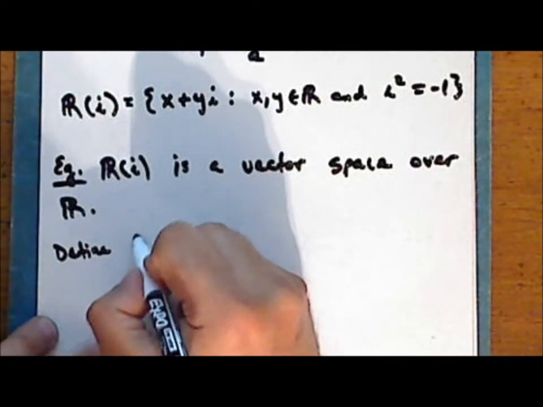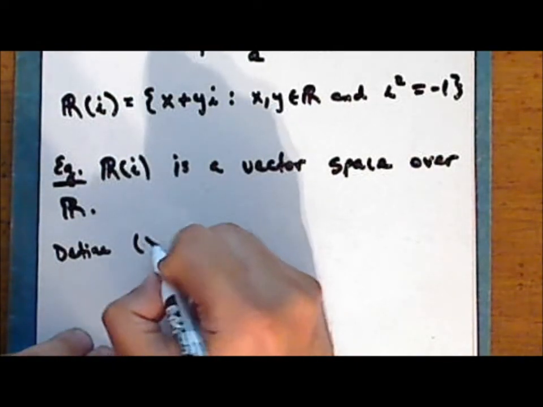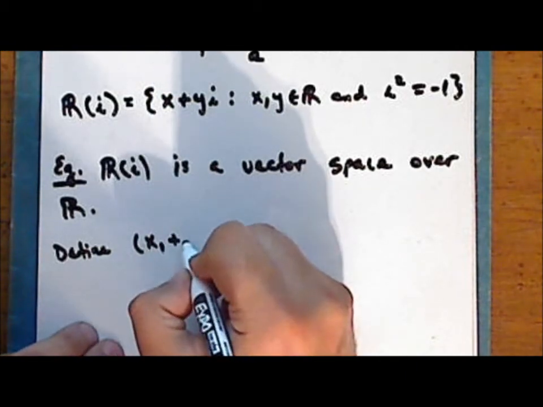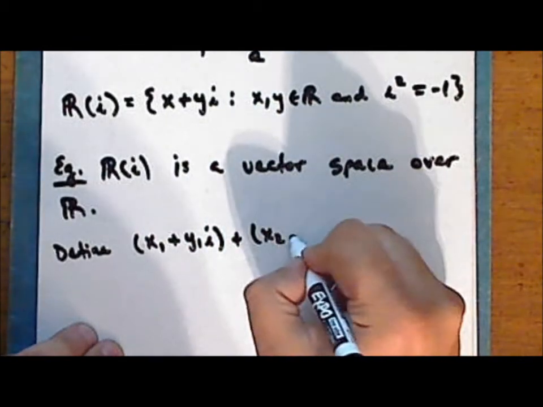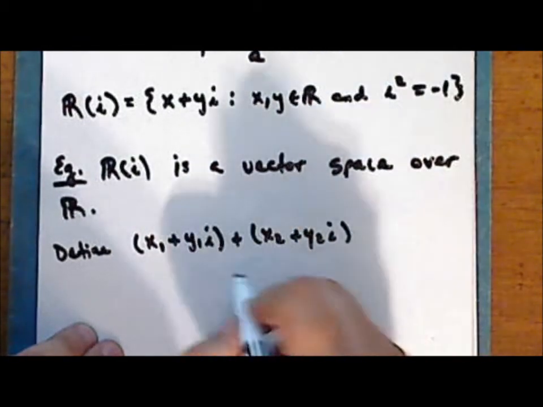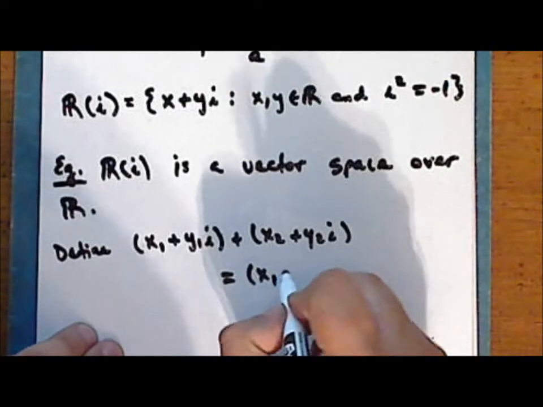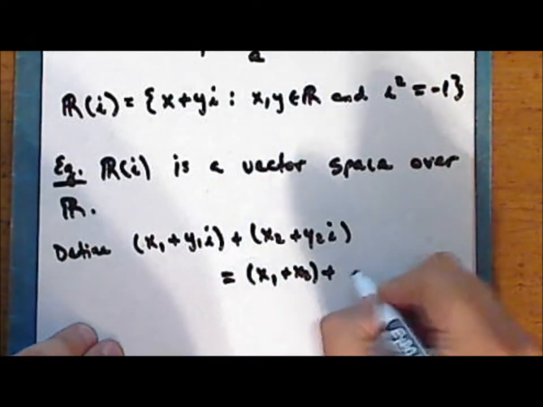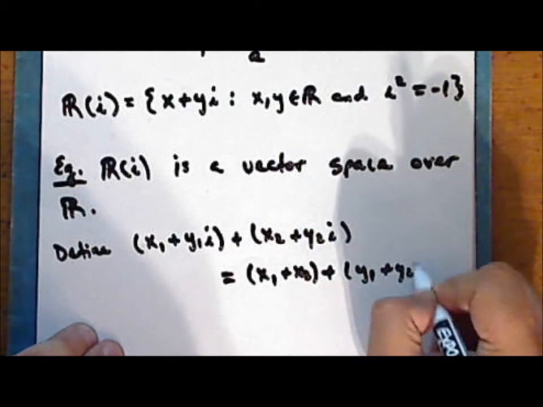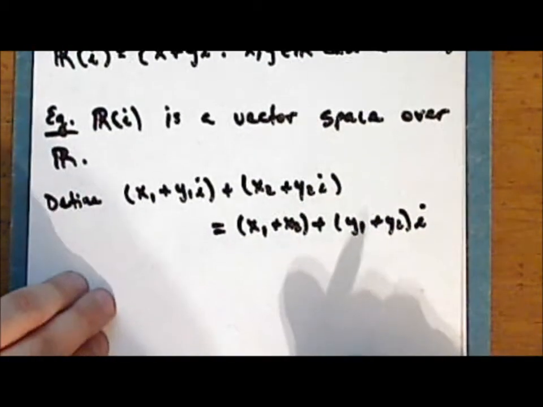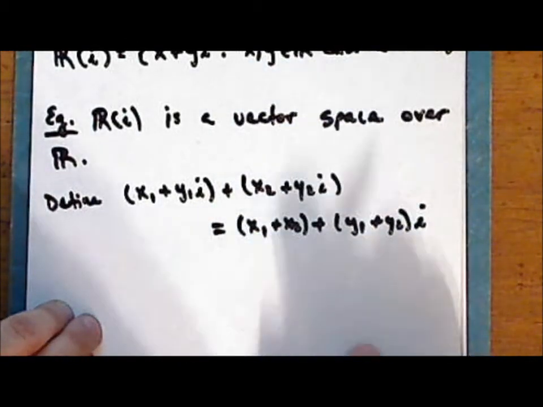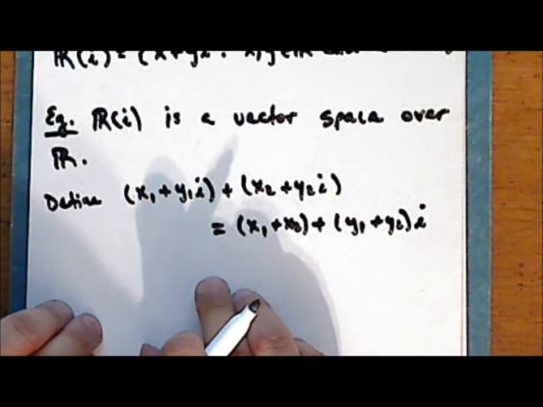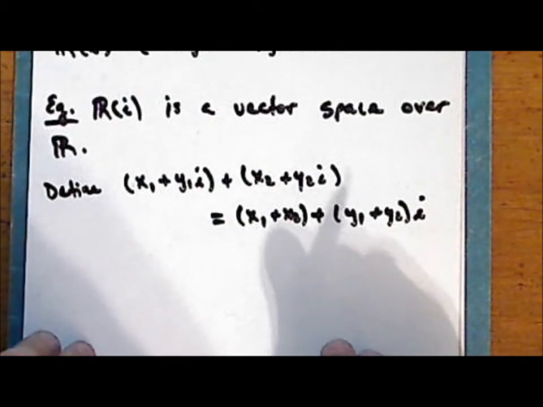So we define addition of these vectors this way: x sub 1 plus y sub 1 times I plus x sub 2 plus y sub 2 times I is the number x sub 1 plus x sub 2 plus the quantity y sub 1 plus y sub 2 times I. Notice that we are adding the real parts and the imaginary parts, and so we can think of the sum of these vectors as adding the components, the real and imaginary components.